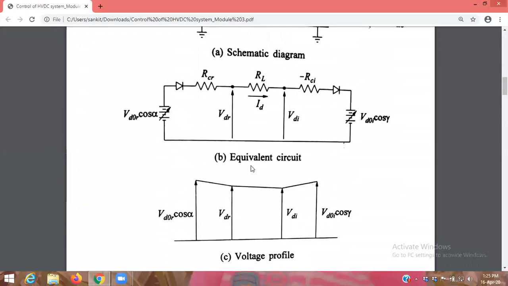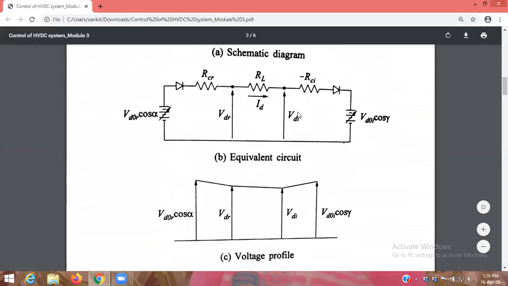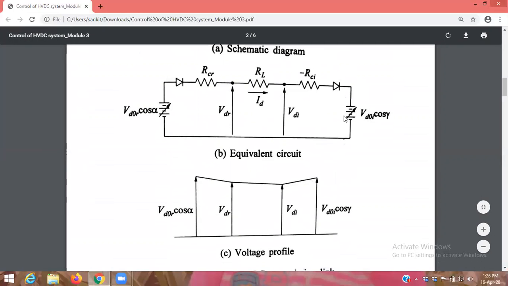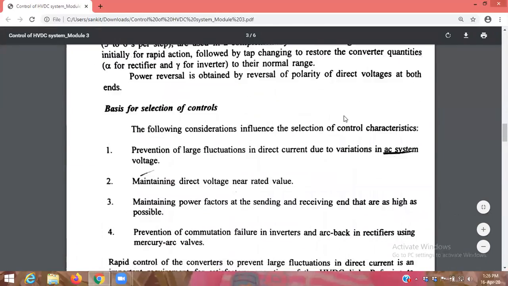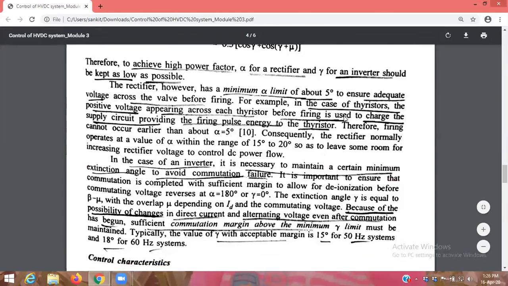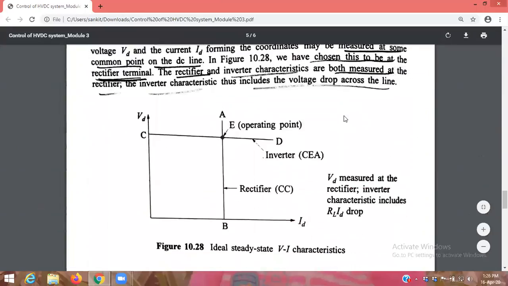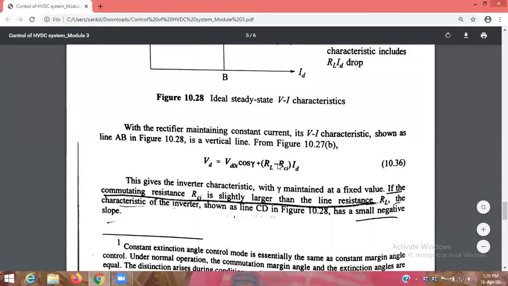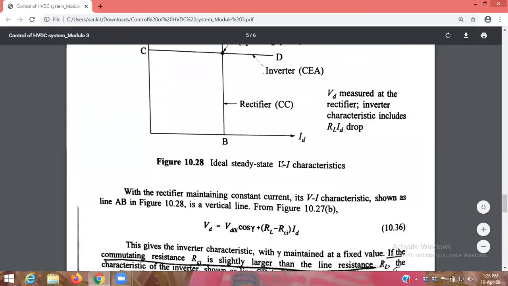If we think about this side, this voltage is there. Now, if we take this entire terminal to this side, I need to add this with this. So that's why there is a slight voltage drop.